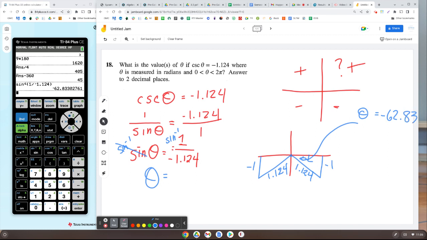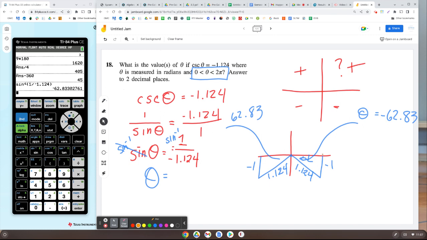See, the problem is they want it between 0 and 360. So now I need to tap into this reference angle thing. So go back to the picture. That angle is also 62.83. So answer my questions very carefully here, Audrey.